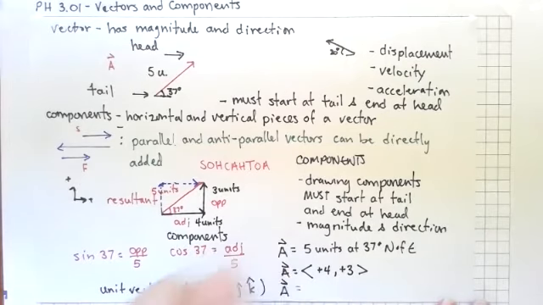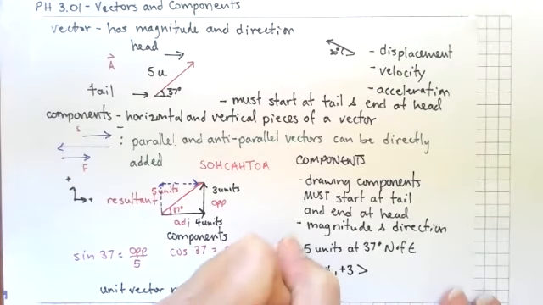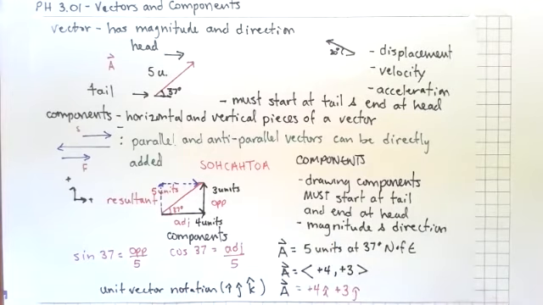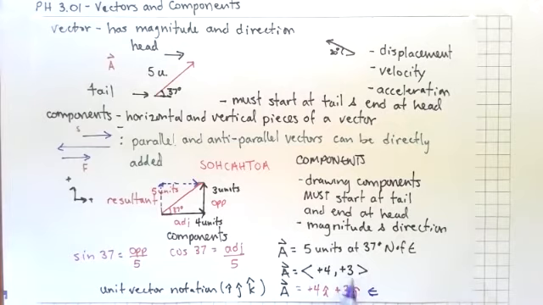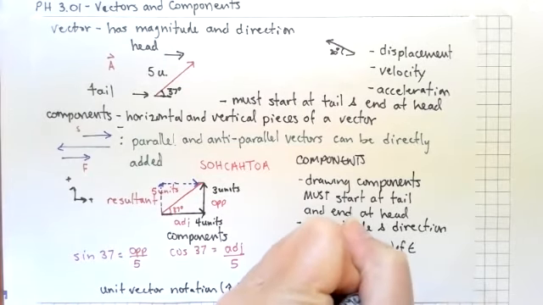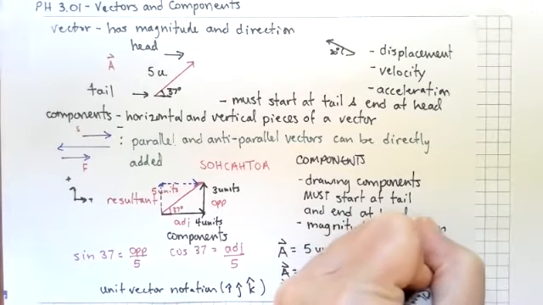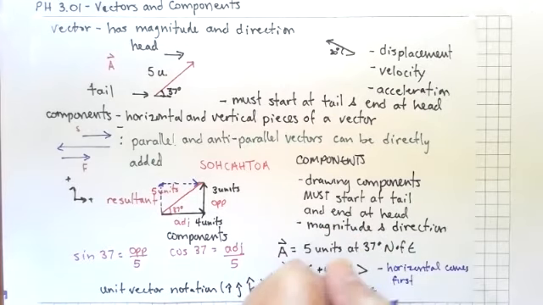So the way that I would write this in component form is +4 i hat, +3 j hat. This is actually what you'll see me doing quite a bit. With both of these, the horizontal always comes first, and the vertical comes second.